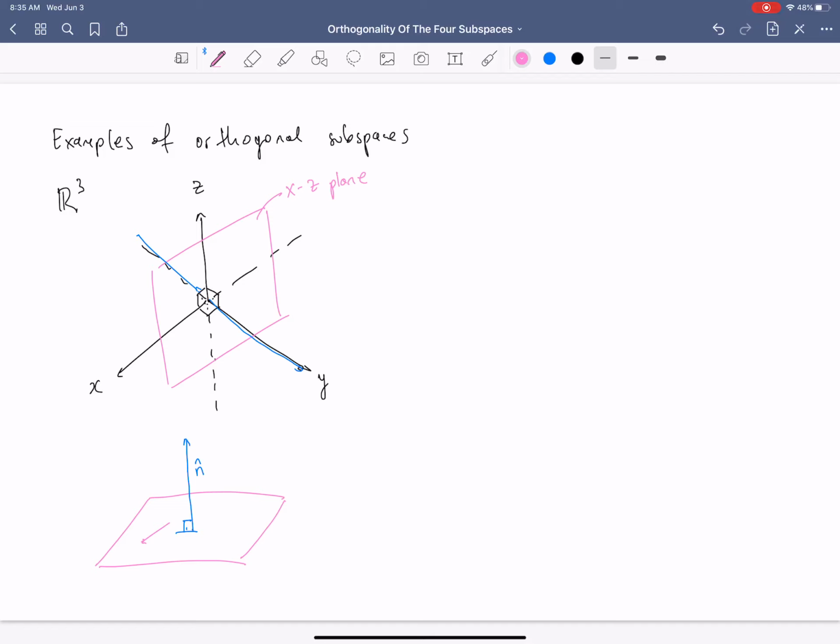And what is important to note here, as I hinted on the previous page, is that two planes in R3 cannot be orthogonal to each other.